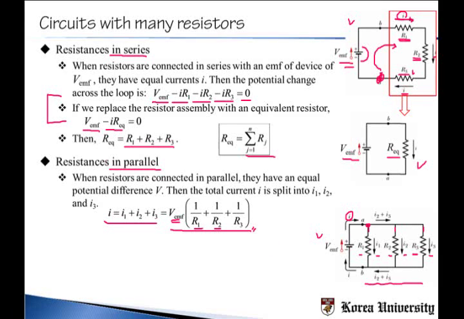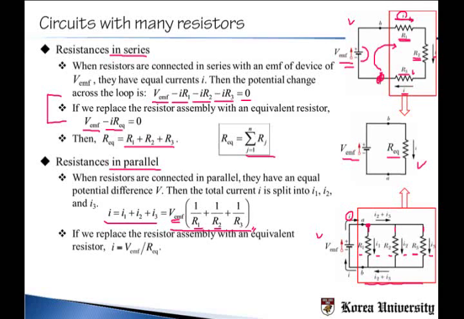And here again the same way. Now we want to think about the equivalent resistor for these 3 resistors connected in parallel. Since for the equivalent resistor we have only one, we can actually use the same figure as above. So let's go back to the figure we had, and here we already know that the amount of current in this case is again equal to VEMF divided by REQ.